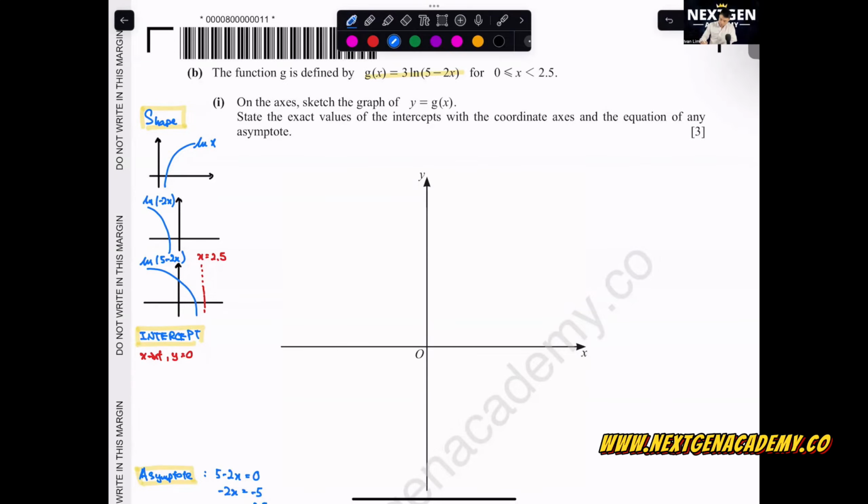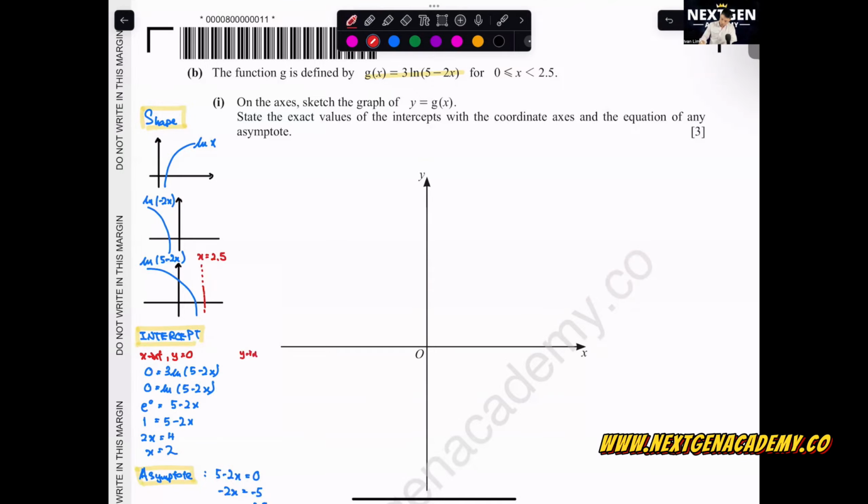So 0 equals to 3 ln 5 minus 2x. 0 equals to ln 5 minus 2x. e to the power 0 equals 5 minus 2x. 1 equals to 5 minus 2x. 2x is equal to 4. x is equal to 2.